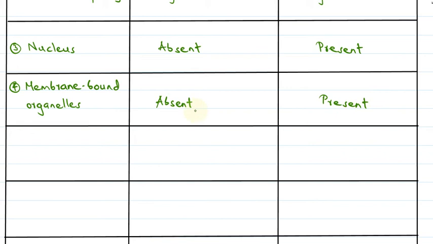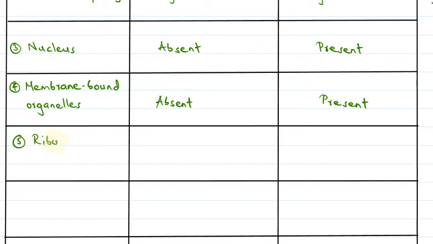So membrane bound organelles, some of them can be mitochondria, endoplasmic reticulum, chloroplast. So these are the membrane bound organelles which are only present in eukaryotic cells and they are absent in prokaryotic cells.